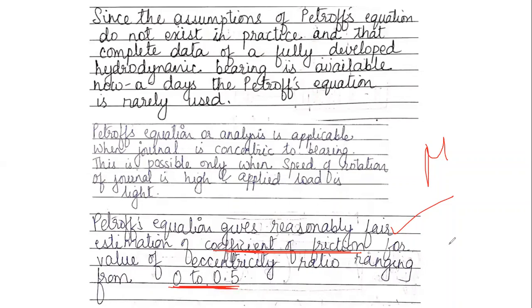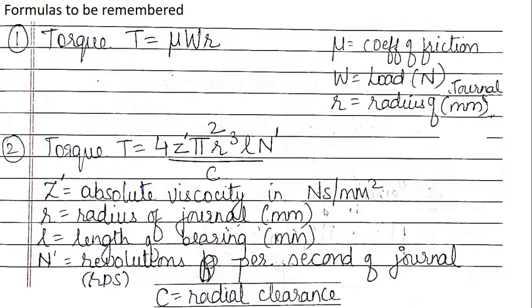So this range of eccentricity ratio, epsilon, should be between 0 to 0.5. Between this eccentricity ratio, the mu that we found out from Petrov's equation gives a fairly reasonable estimation. That is what is said.